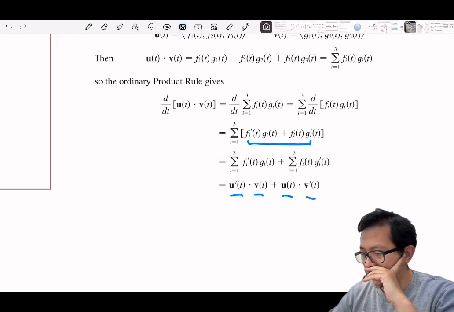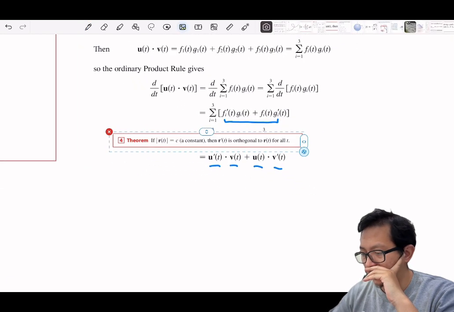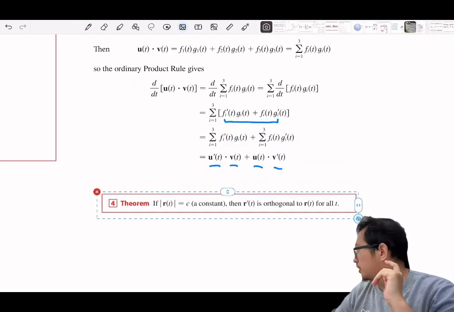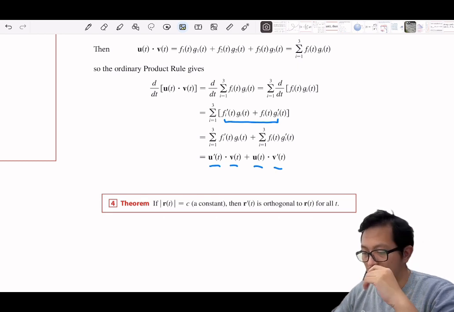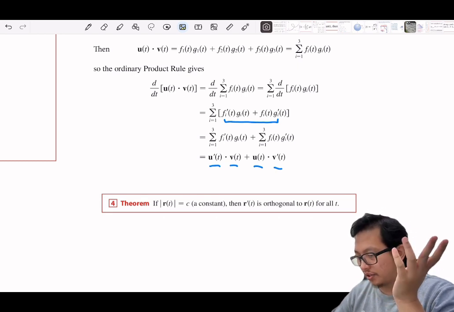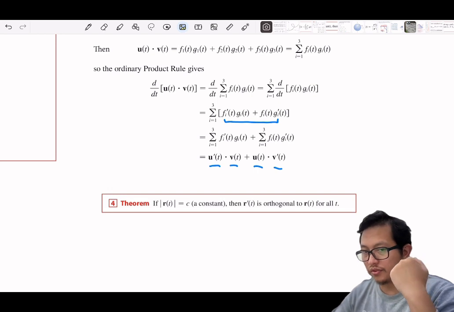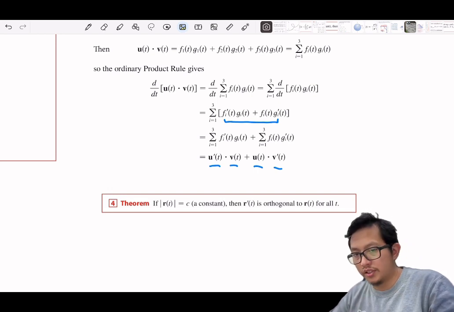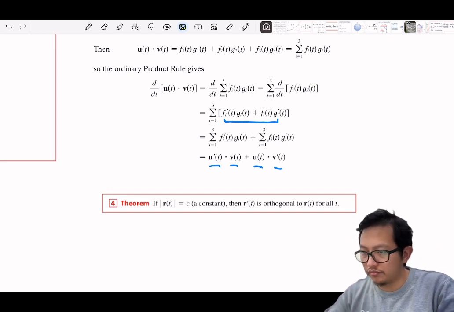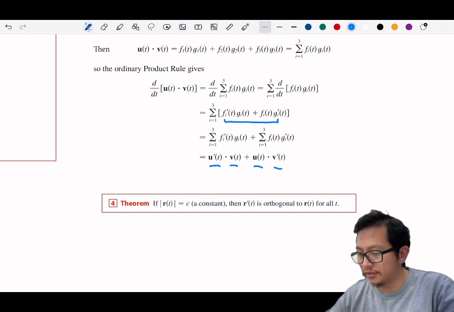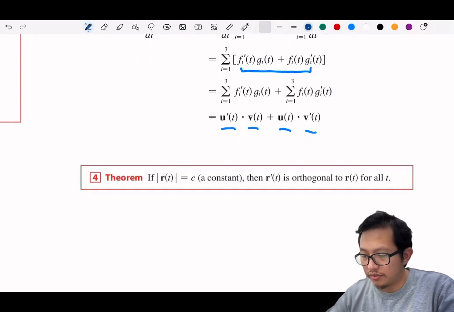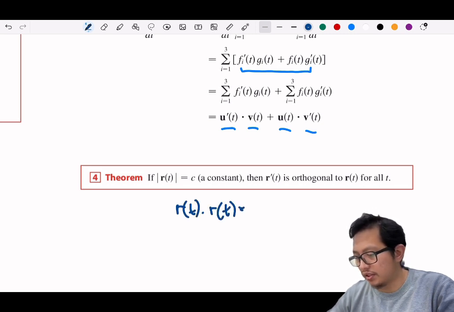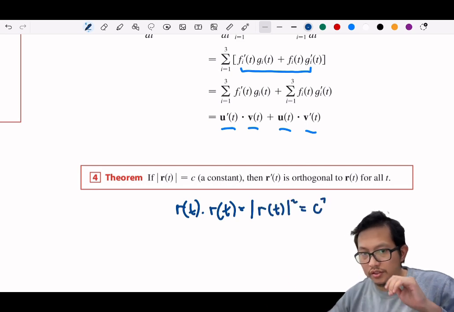From here we could write the theorem: if the magnitude of r is a constant, then r prime of t will be orthogonal to r of t for all t. This will be true since this is a constant, so this will be equal to c squared.